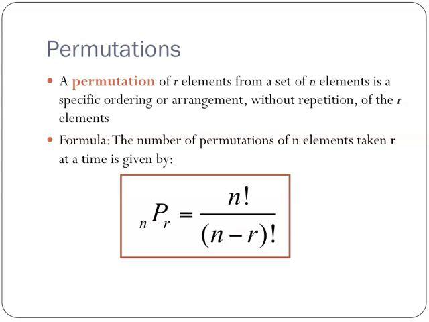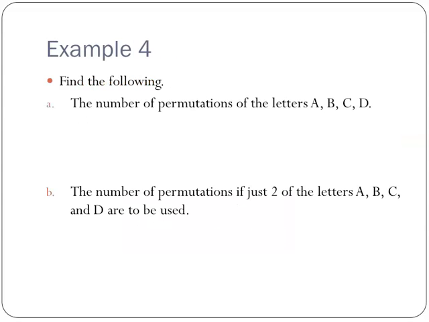So just as practice of using this formula here, find the following: the number of permutations of the letters A, B, C, and D. Okay, so we have 4 letters to work with. We want to come up with permutations, so we're trying to come up with all the different ways we can order these 4 letters. So we're using all 4 of them. So this is going to be 4P4. Typically you would read this as 4 permute 4.